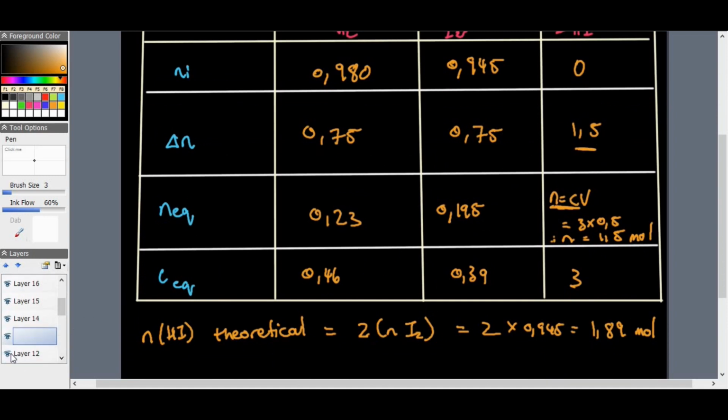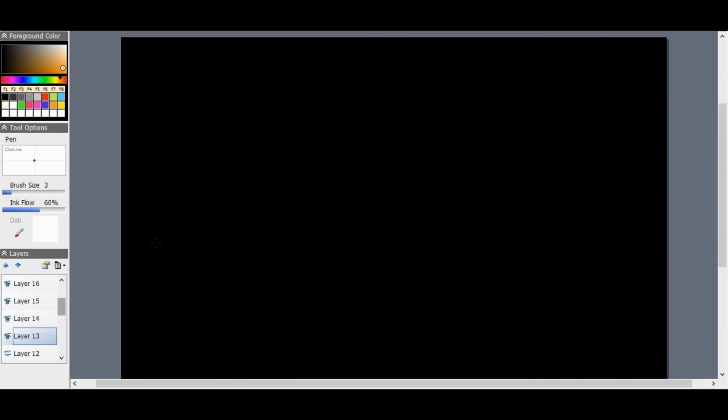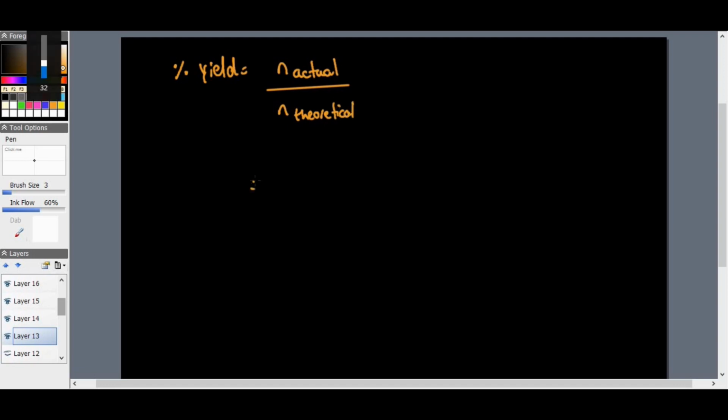So I take my formula and I say percentage yield must equal the number of moles that I actually produced, in other words actual, divided by the number of moles that were theoretical. Sorry, my elbow keeps knocking the volume button.